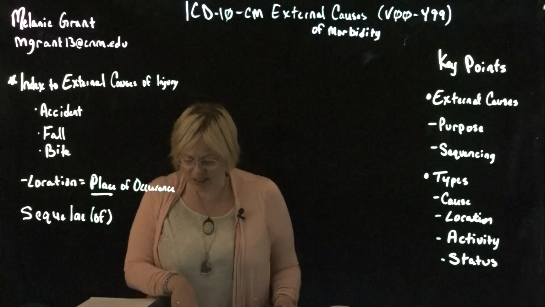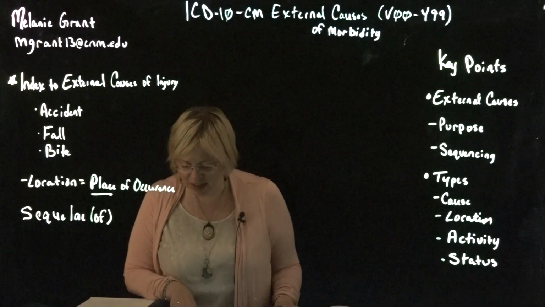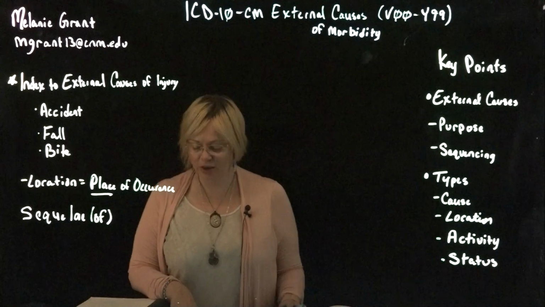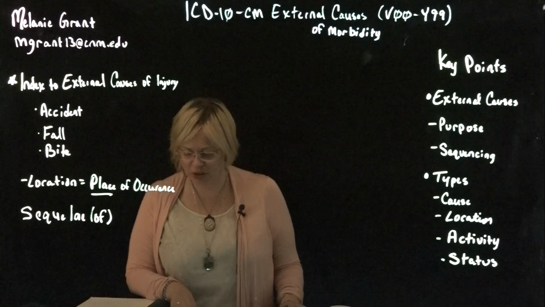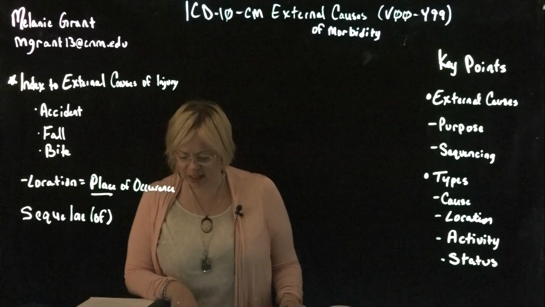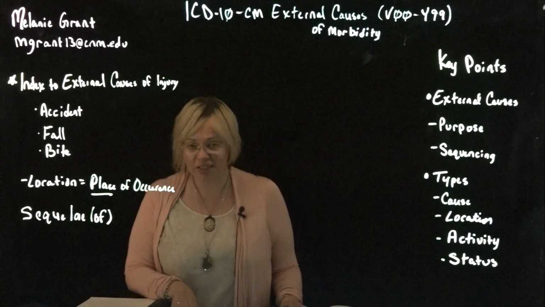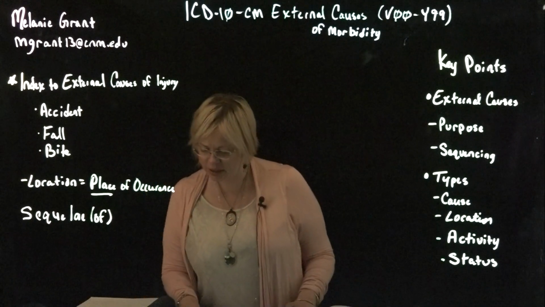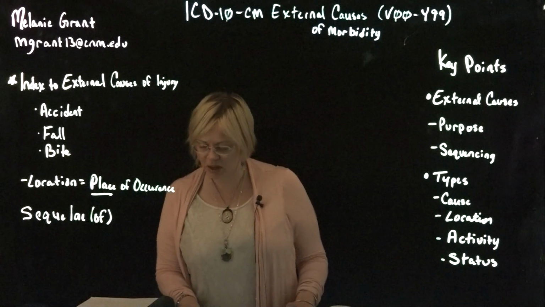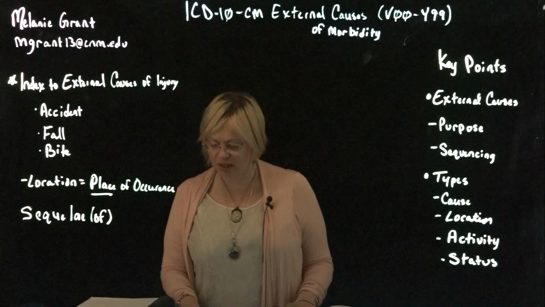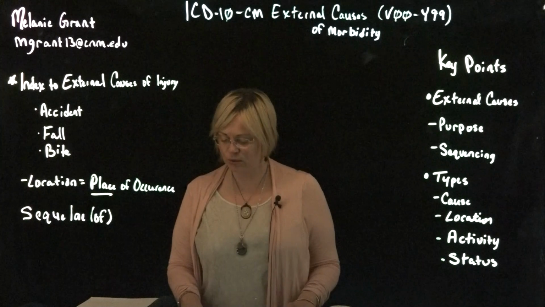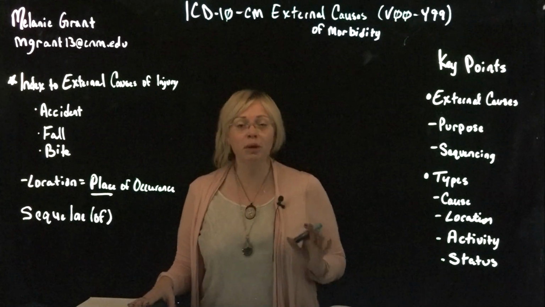Where a code from this section is applicable, it is intended that it shall be used secondary to a code from another chapter of the classification indicating the nature of the condition. Most often the condition will be classifiable to Chapter 19, Injury, Poisoning, and Other Certain Consequences of External Causes, codes S00 through T88. So I'm going to stop there.